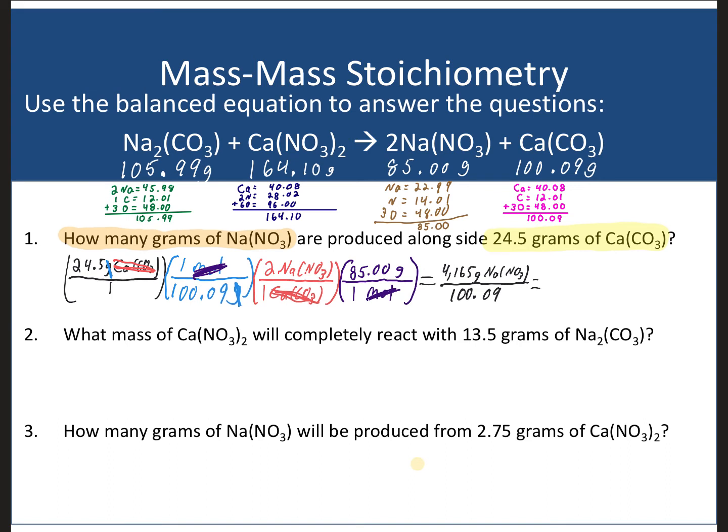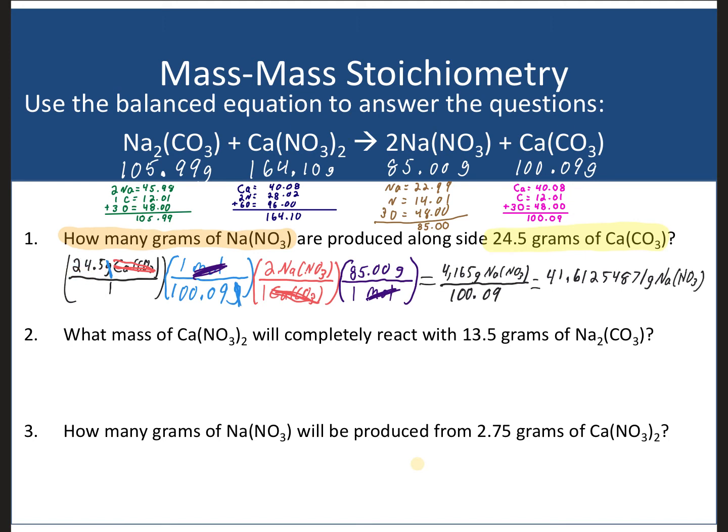I divide my 4,165 by 100.09. I get 41.61254871 grams of NaNO3.